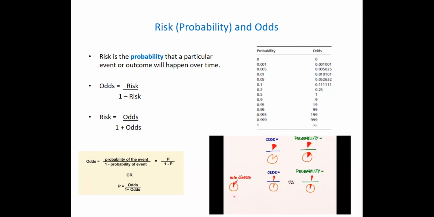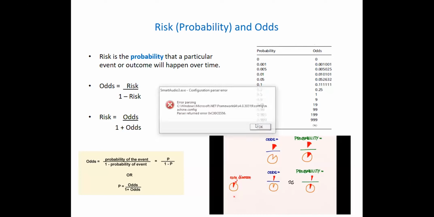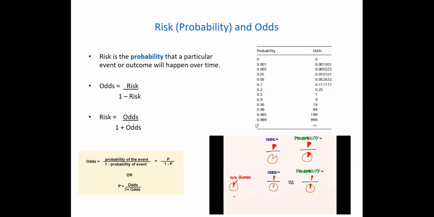I said that what I am sharing, odds is risk over 1 minus risk, and risk is probability. So odds is probability over 1 minus probability. And I say, if the probability that it will rain tomorrow is 0.6, what is the odds that it will rain tomorrow?